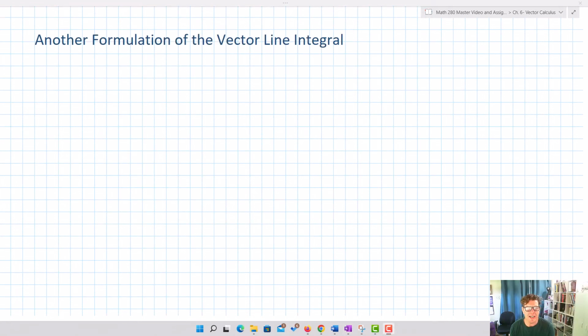Okay, so we're going to look at another formulation for the line integral, and this formulation is going to be related to our alternative formulation for the force field or the vector field F. So remember that we can write our F as P of x, y, z, Q of x, y, z, and R of x, y, z, if we were looking at it in 3 dimensions.